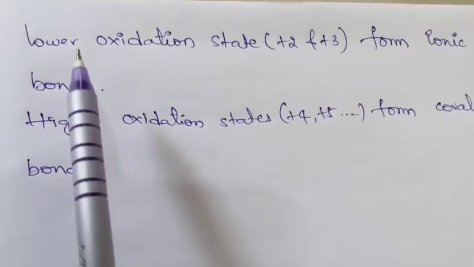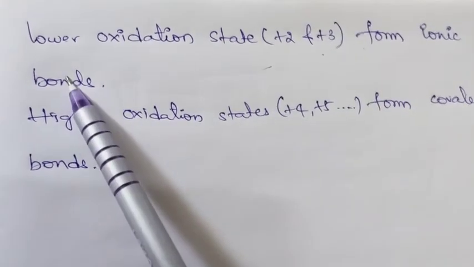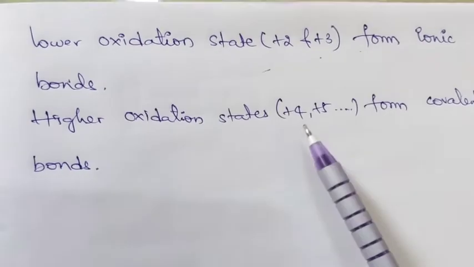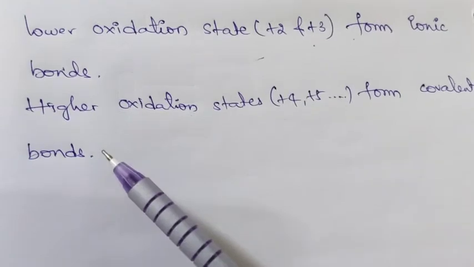See here, lower oxidation states like plus 2, plus 3 form ionic bonds. Higher oxidation states like plus 4, plus 5, plus 6, plus 7 form covalent bonds.